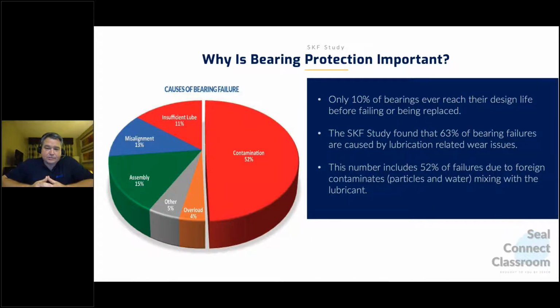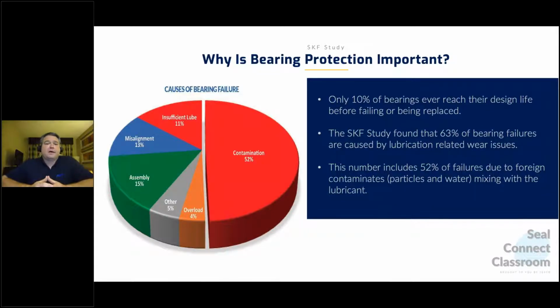But they're saying that only 10% ever reach that. What's interesting about this study is that they say more than half of the failures are due to the lubricant: contaminants, water, and particulates getting into the lubrication system and breaking down the lubricant, ultimately causing bearing failure.